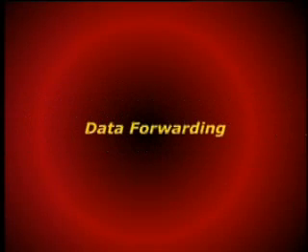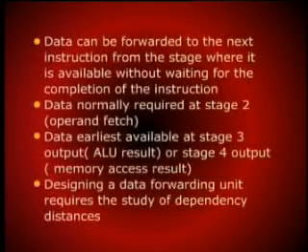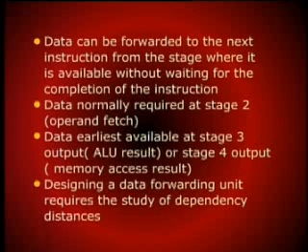Data forwarding can be done from the stage where the data is available, without waiting for completion of the instruction. The data normally required at stage 2, which is the operand fetch, is important, and the data is earliest available at stage 3 output, which is the ALU result, or stage 4 output, which is the memory access result.